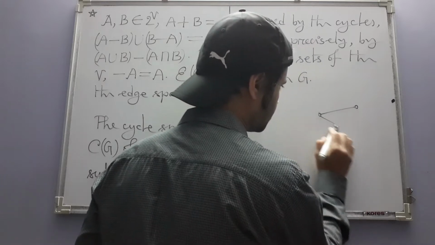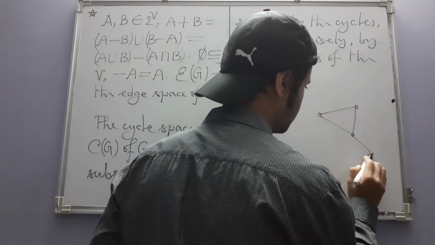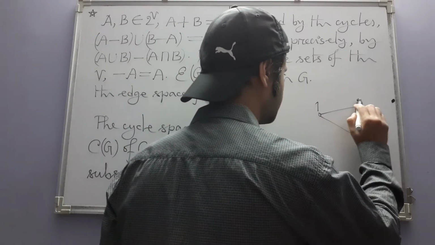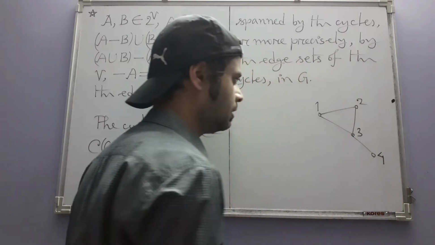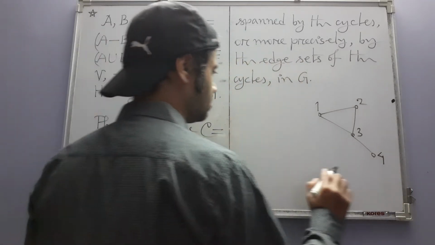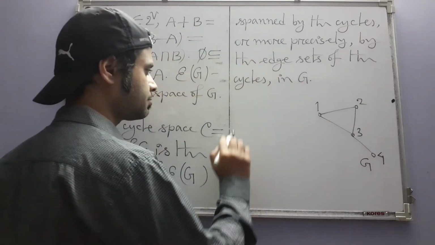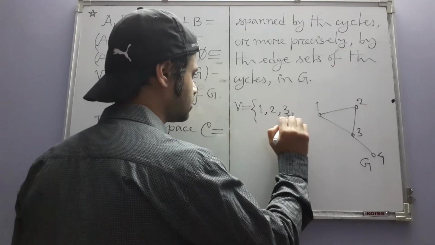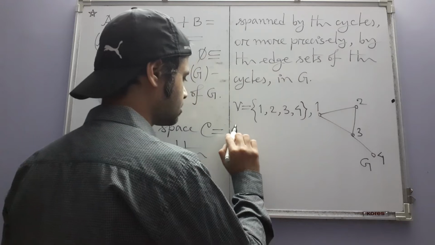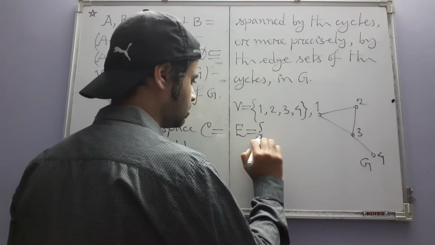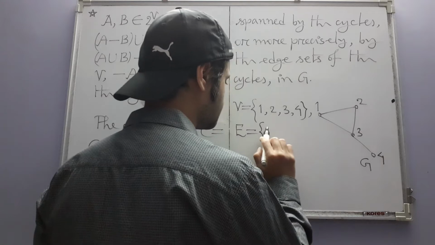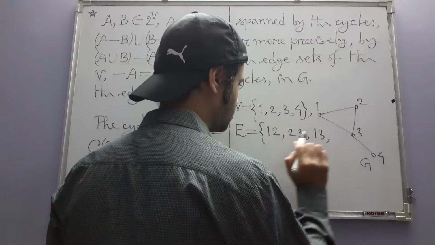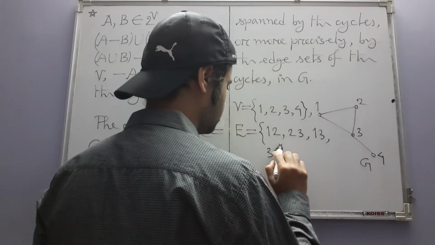Let us take one example. Say we have this graph whose vertices we label 1, 2, 3 and 4. So this is our G. Then the vertex set consists of these 4 vertices and the edge set consists of these 4 edges: 1, 2, 2, 3, 1, 3 and 3, 4.